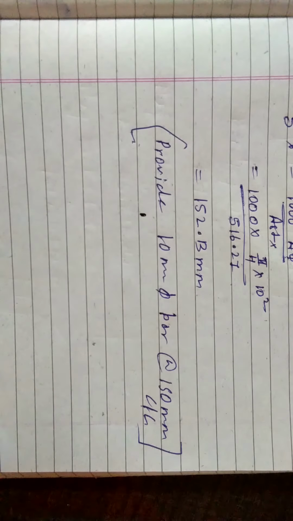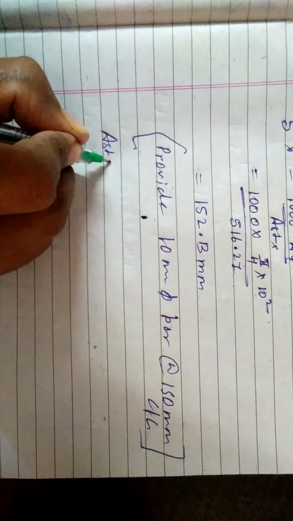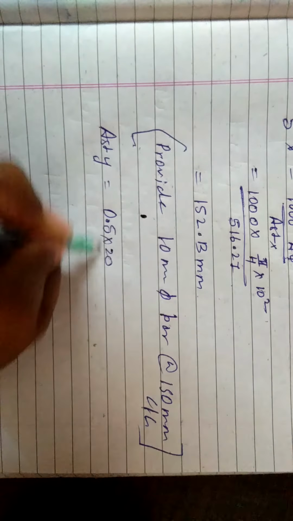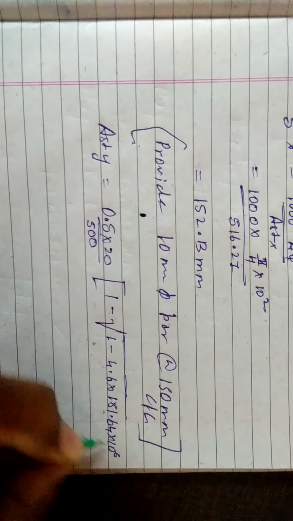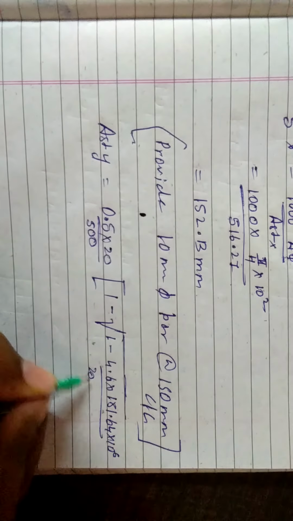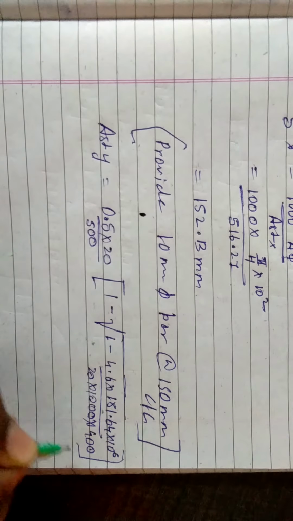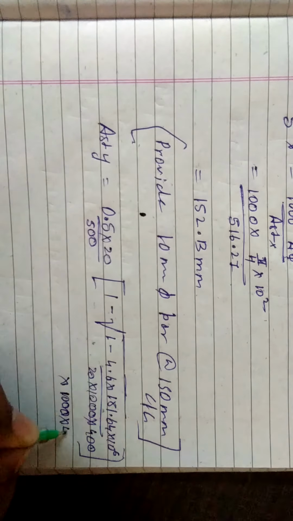As our footing is rectangular, in Y direction, AST in Y direction is equal to 0.5. The formula for AST will be the same, only the directions will be different because the bending moment changes with respect to direction. 500 into 1 minus root 1 minus 4.6 into 181.64 into 10 raised to 6 divided by FCK, means 20 into 1000 because of the value of B, and that is 400 full bracket into 1000 into 400.